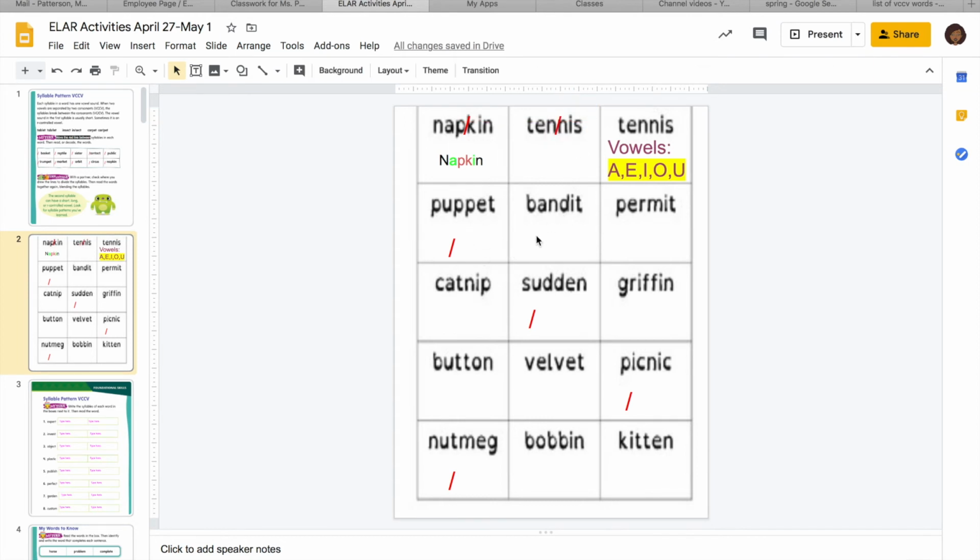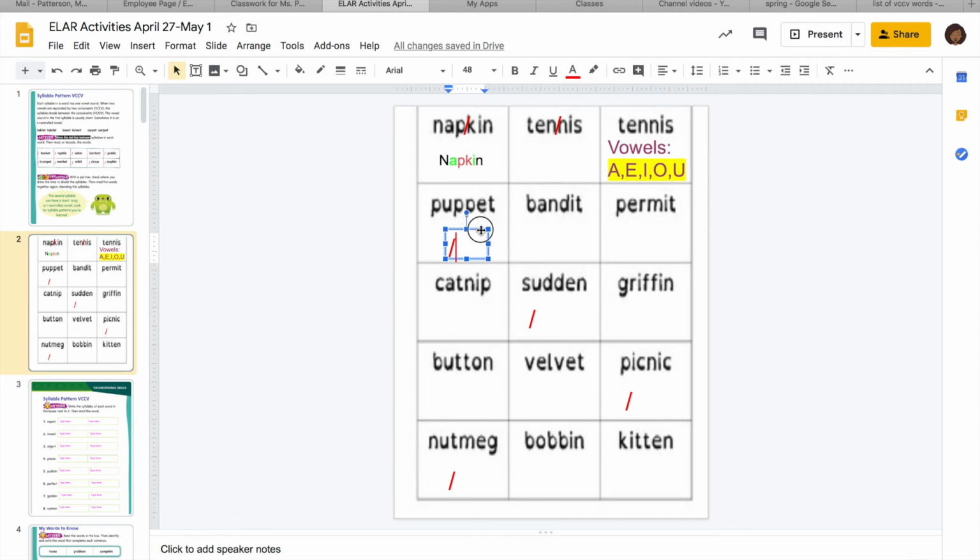Let's do puppet. I'll give you a chance to do that one. Where would it go for puppet? Good. I hope you said that it would go between the two P's for puppet. All right, let's do sudden. So it would go between our two D's.